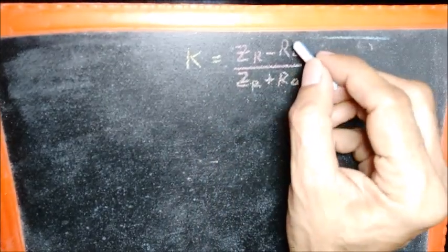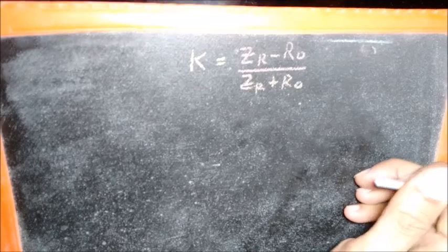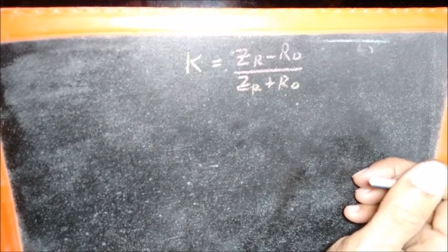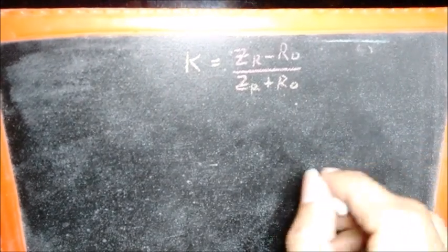Of course, it is R naught when you use the high frequency approximation. Otherwise, it is just Z naught.